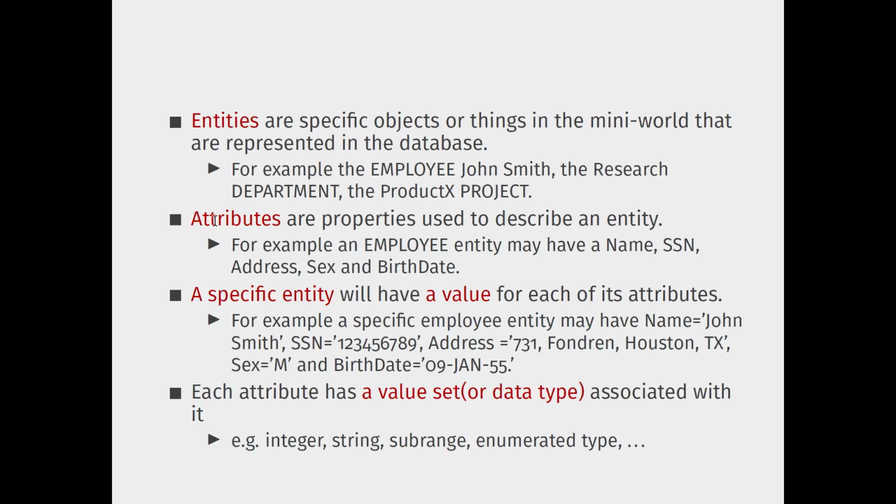Then attributes. Attributes are properties which we use to describe an entity. So in our case, if you look at employee, we can describe an employee using name, social security number, address, sex, and birthday. Now here social security means something like the national identity card in Sri Lanka.